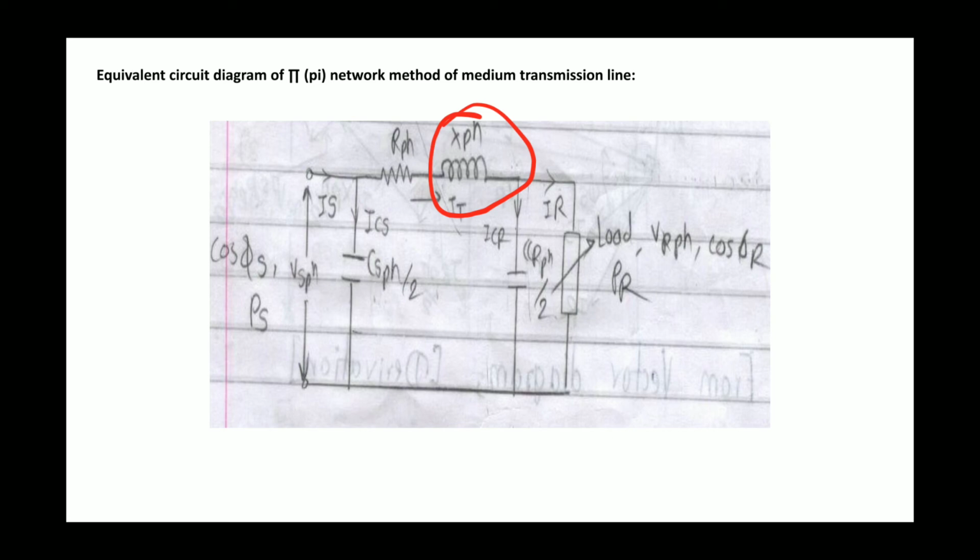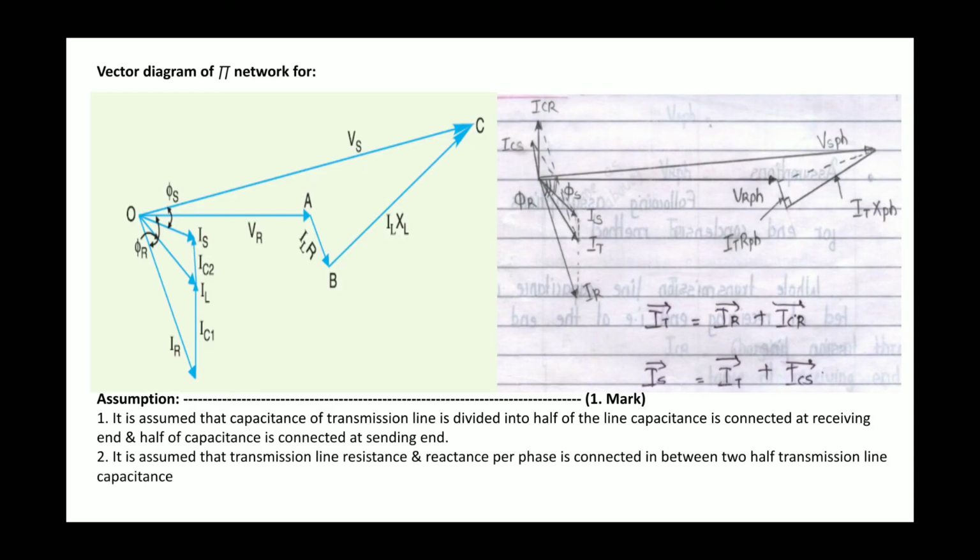Because the drop occurs in the inductor, the condition here is 90 degrees leading. The addition of receiving end voltage plus drop is equal to the sending end voltage.